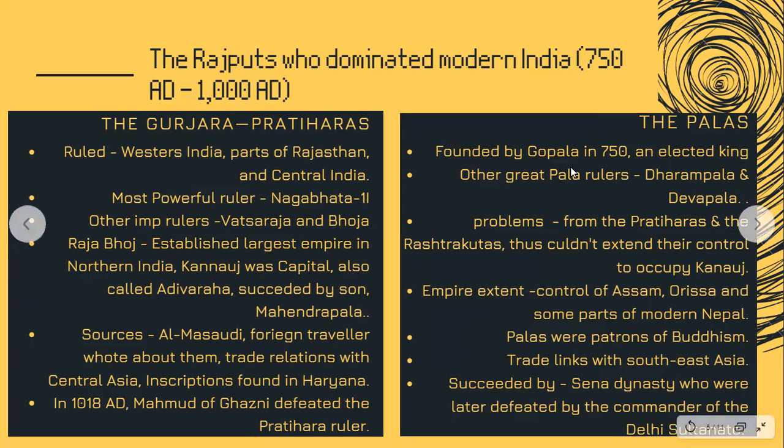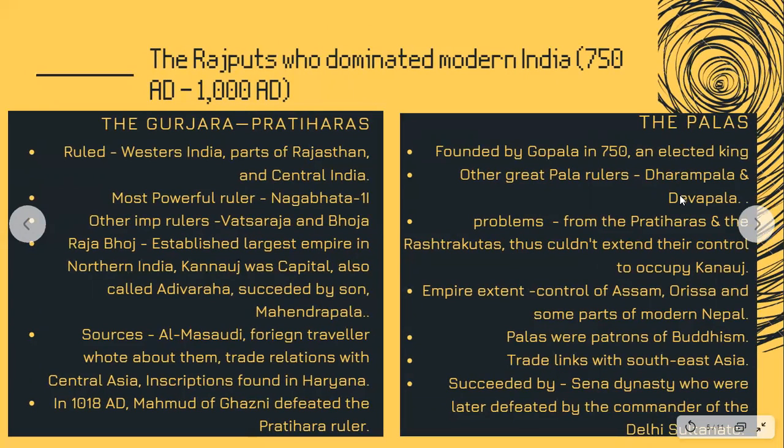Okay, so the Palas were founded by Gopala in 750 AD, and other great Pala rulers are Dharampal and Devpal. Now, the Palas experienced a couple of problems from the Pratiharas and Rashtrakutas because they were constantly fighting, right? They launched fights against the Palas.